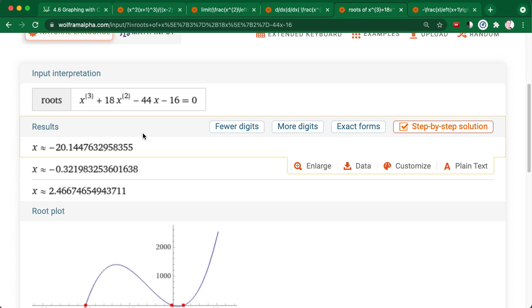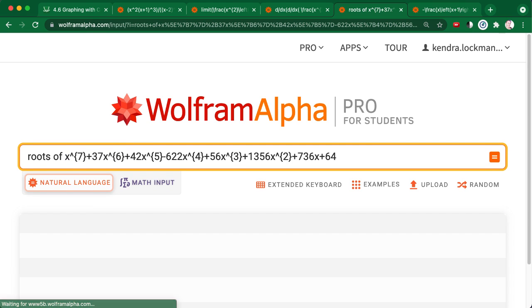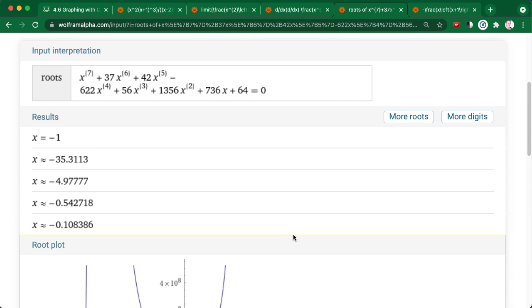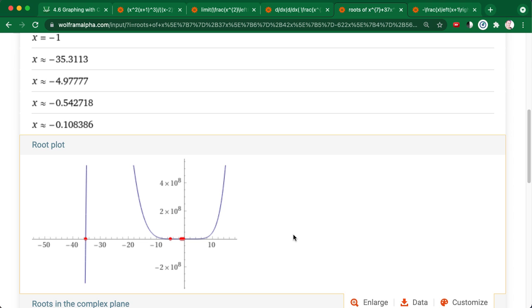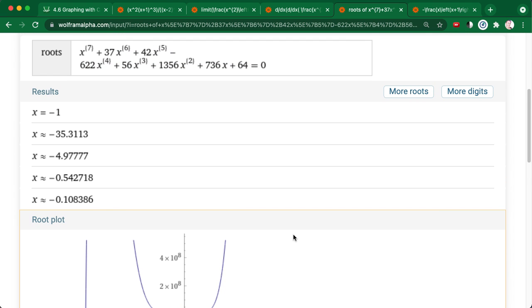I go to this roots thing, roots of this polynomial. There are 5 roots. And, all right. Oh, okay.